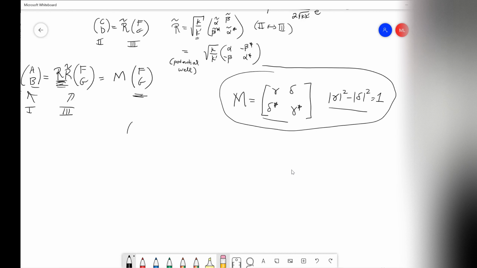You say there must be some connection between A and B and F and G. You can still use current conservation, and the fact that the Schrodinger equation is the solution, so you can complex conjugate any solution to it and still get a valid solution. From that you can again conclude.